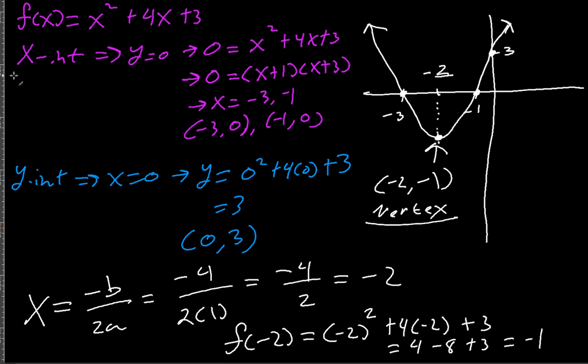If I give you something like f of x equals x plus 2 squared minus 1, if you understand that that is in the vertex form, then you can already pluck out what is the vertex. And the vertex is -2, -1. Since the formula has a negative in it, then we have to switch that sign right there. But this is automatically correct.